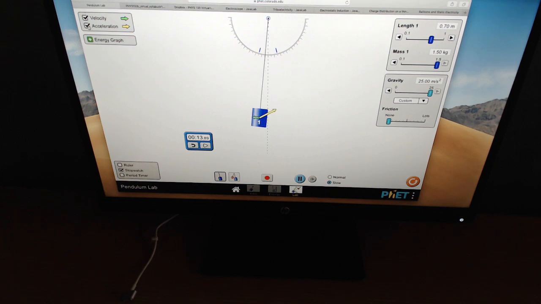Because as the pendulum moves, it actually has a radial acceleration, which is towards the center, and then a tangential acceleration. The tangential acceleration we could actually find mathematically by just taking the derivative of the tangential velocity, which we found. And then the radial acceleration, or sometimes called the centripetal acceleration, is just equal to v squared over r, where v is just your tangential velocity.